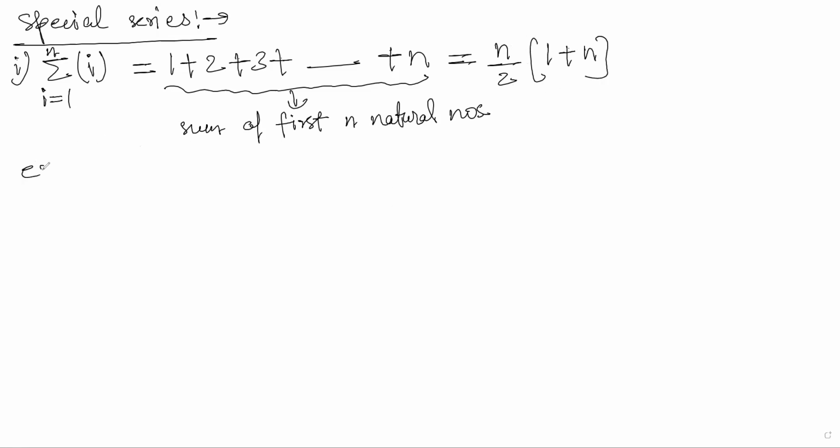For example, if you ask me this question, what is sigma i is from 1 to 50? So what I would say is that we want to find out the sum of first 50 natural numbers. This is starting from 1 to 50.